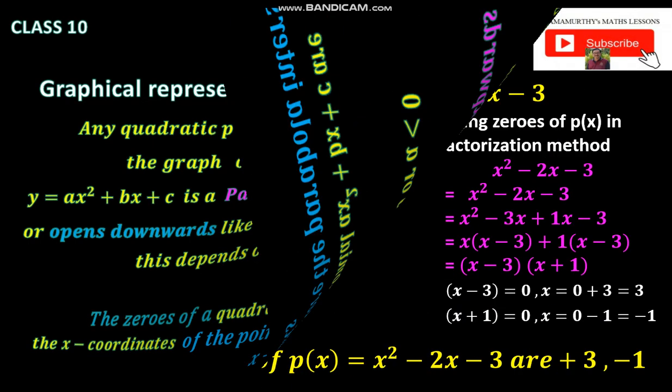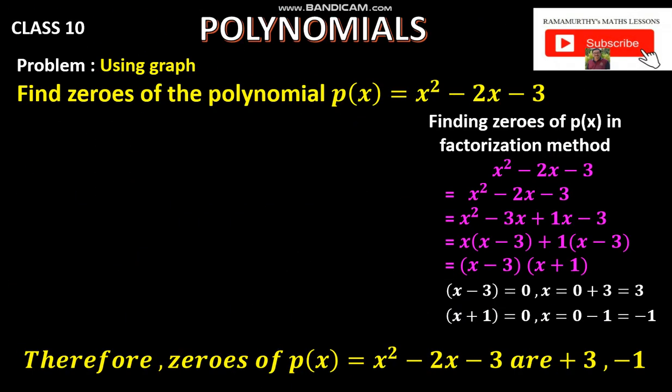Let us take a problem. Using graph, find zeros of the polynomial p(x) equals x square minus 2x minus 3. We already know how to find the zeros of p(x) by factorization, in which the middle term is divided into two terms which sum up to negative 2x.